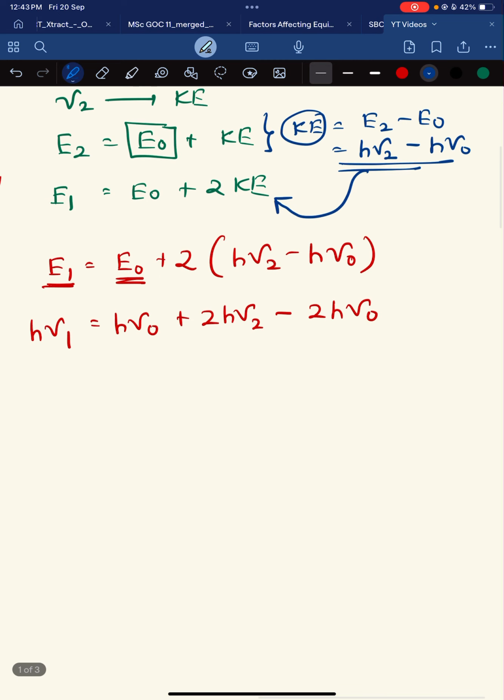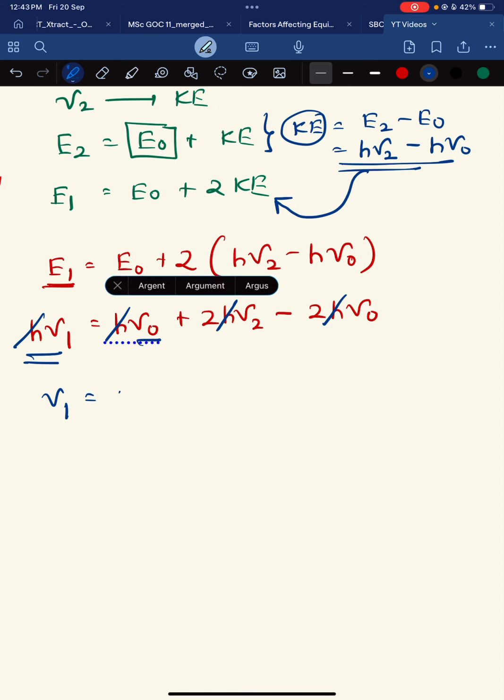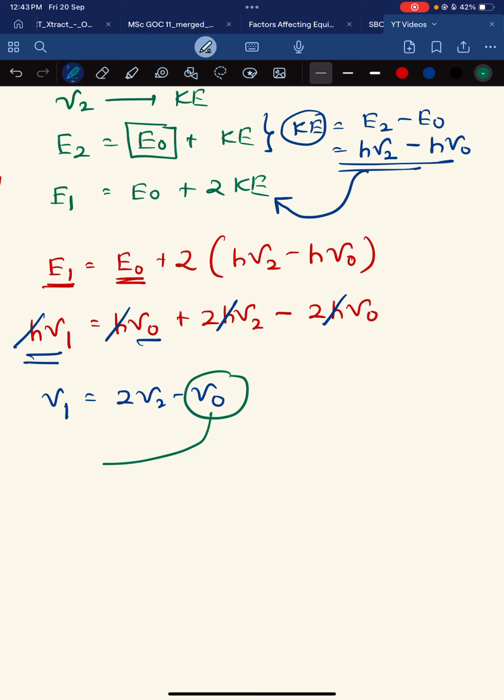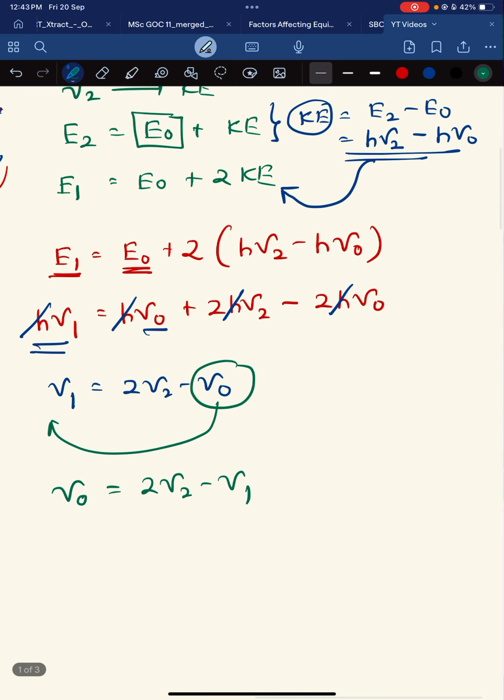If I simplify, h is common on both sides so I can divide it out. So mu 1 is equal to mu 0 minus 2 mu 0 plus 2 mu 2, which is 2 mu 2 minus mu 0. The question is to calculate mu 0 only, so taking it to the other side, mu naught is 2 mu 2 minus mu 1.